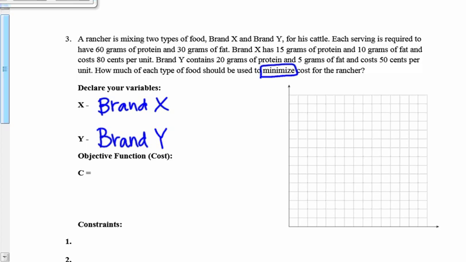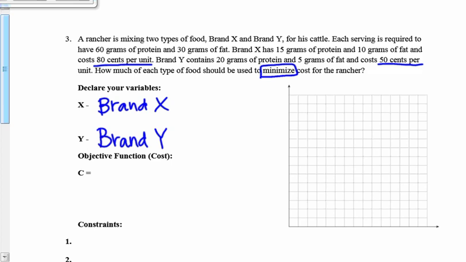And my objective function, or my cost. Now I am focusing on money here. I'm minimizing my cost, so I need to focus on how much money each thing costs. So if my brand X costs 80 cents per unit, and my brand Y costs 50 cents per unit, that's what my objective function is going to be.